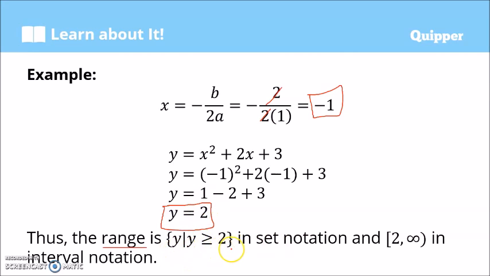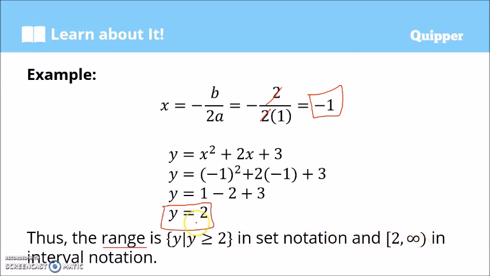So, this is using the set notation. You can also have R equals y such that y. Kapag set notation, kailangan natin yung braces. Naka-braces yan. But in the interval notation, we make use of parentheses or brackets.